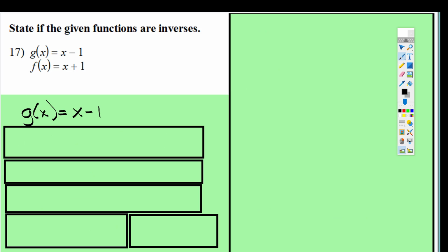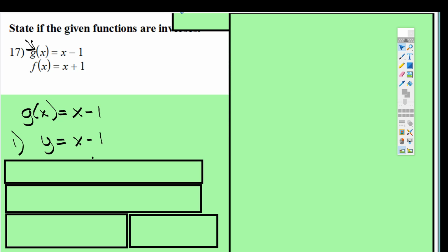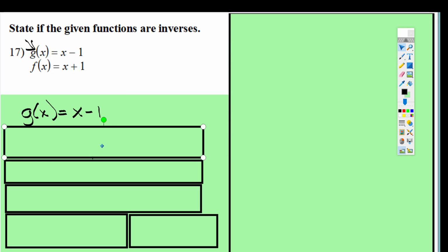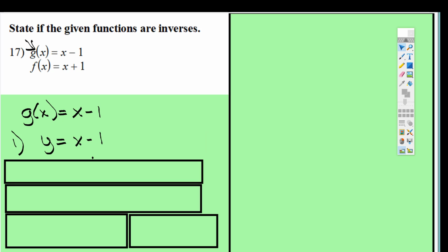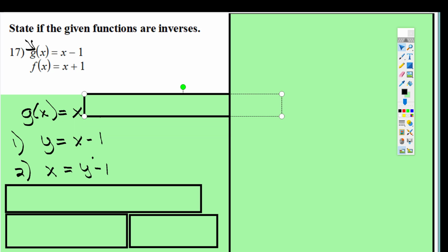First thing you're going to do is determine if the given functions are inverses. So I'm going to take this original. The first step is to rewrite it as y is equal. So I did that. The second step is to swap the x's and the y's.